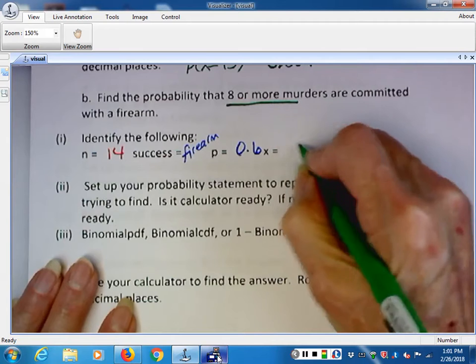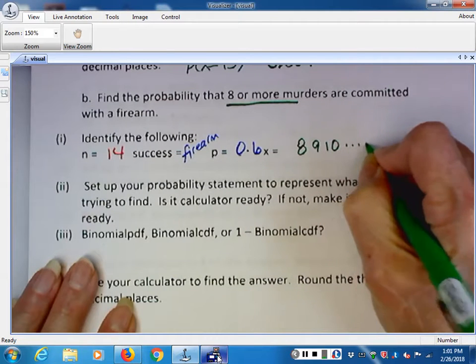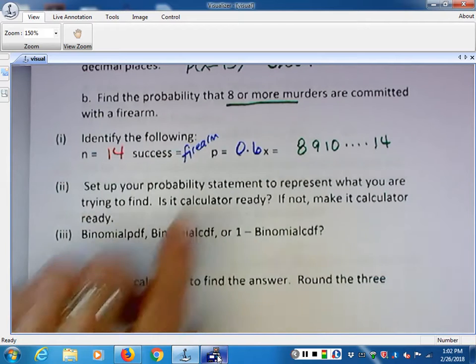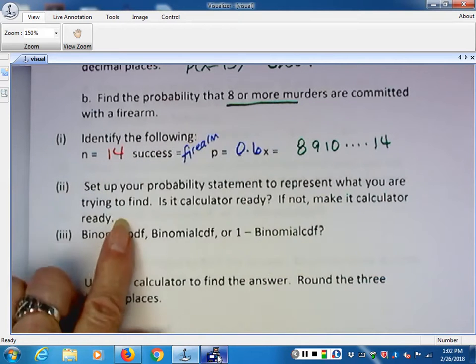That means X is going to be 8, 9, 10, up to 14. Okay? So even though that says equal to or greater than 8, we can't put it in the calculator that way. Okay?